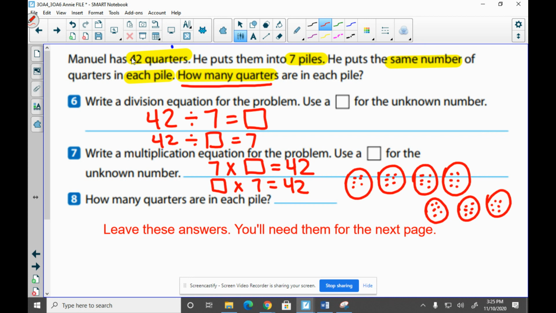So we can see how many quarters are in each pile. 6 quarters are going to be in each pile. So we would say the unknown equals 6. Box equals 6.